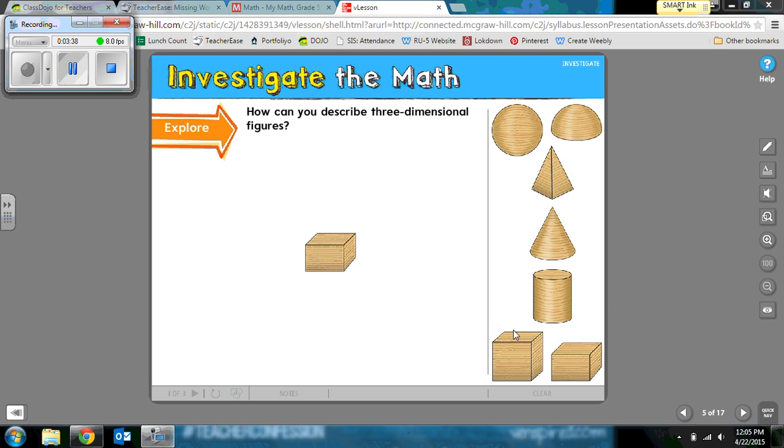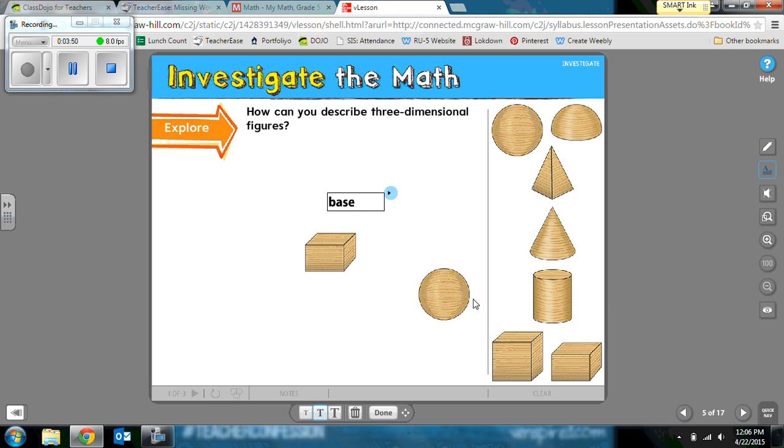The next vocab word we're going to talk about is base. I like to think of the base as what an object can sit on. Some shapes, like a sphere, wouldn't have a base because it can't actually sit on any parts. Your book defines a base as two parallel, congruent faces.